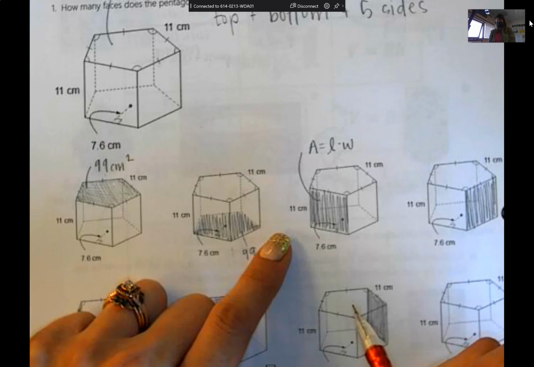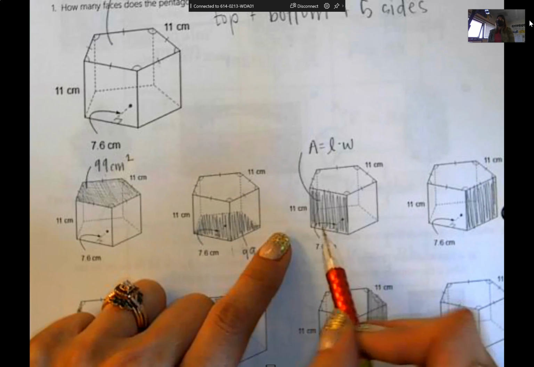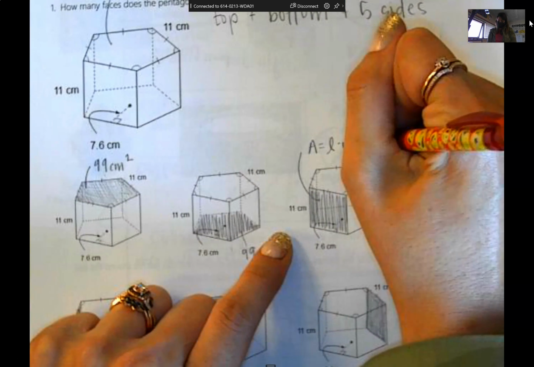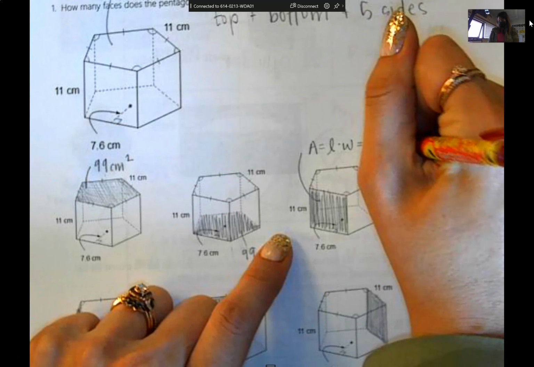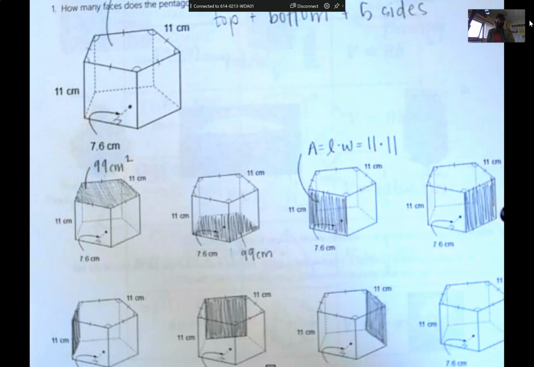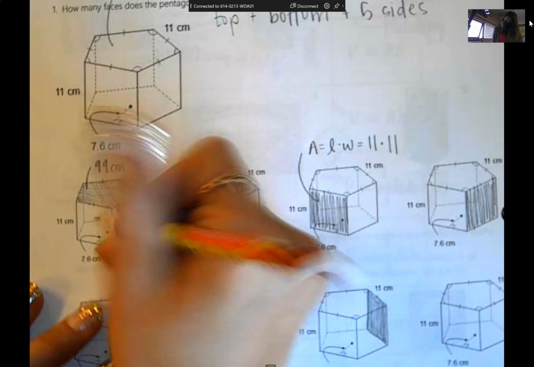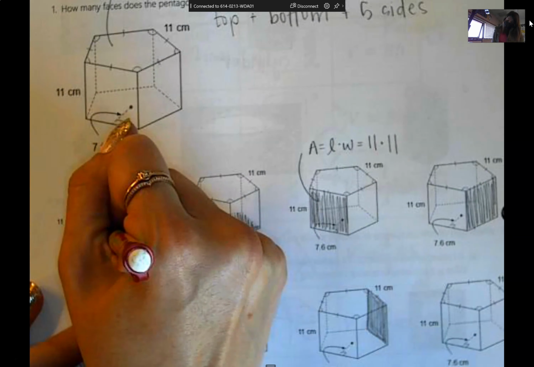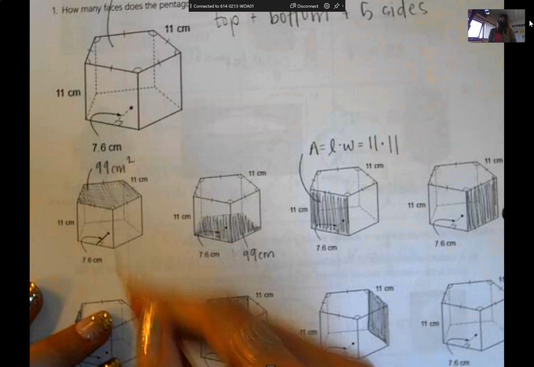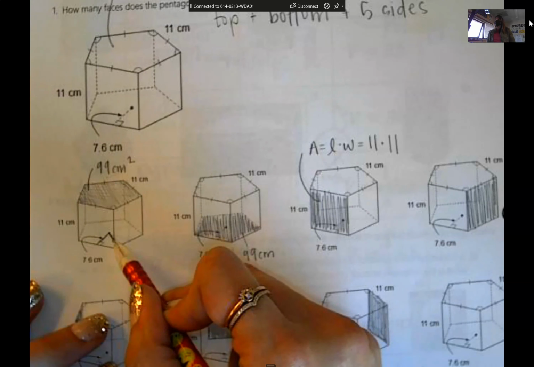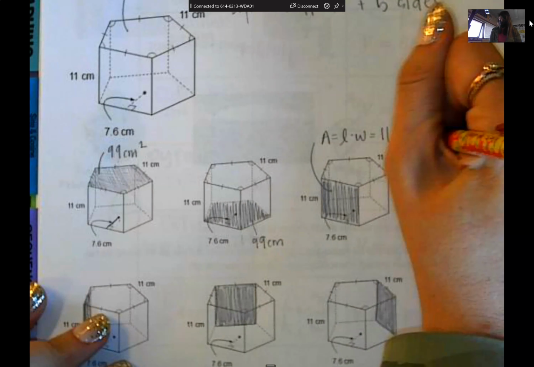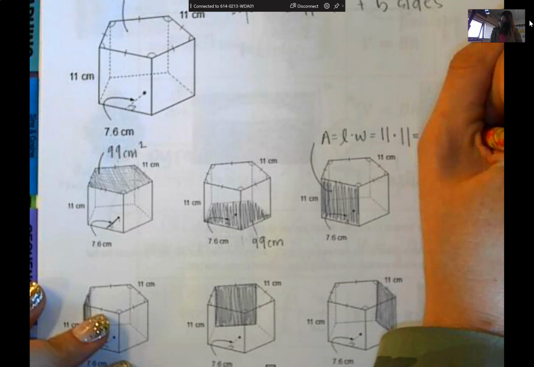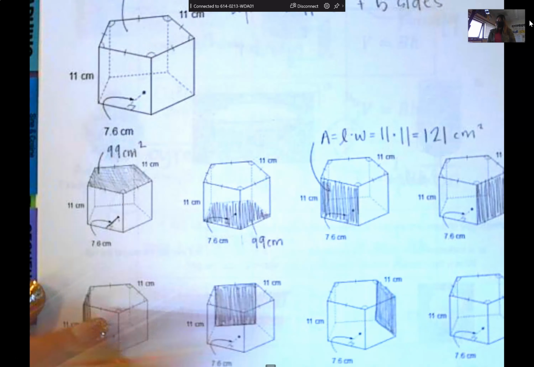What is it actually? What is that shape? It's a square because his length is 11 and his width is 11. This 7.6 is the length to the middle of the pentagon. Okay, so the area of each face is 121 centimeters squared.